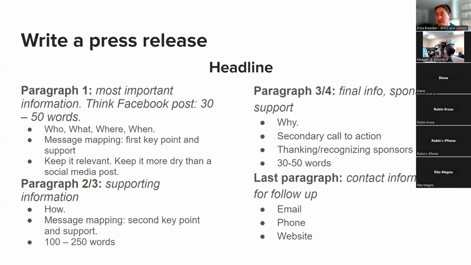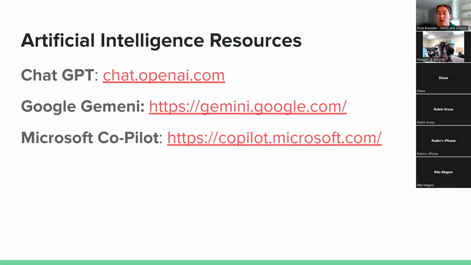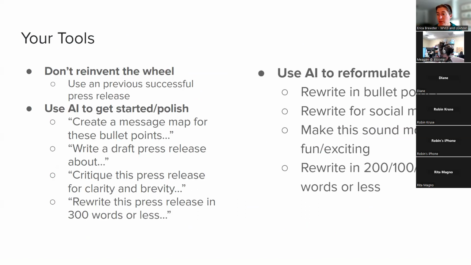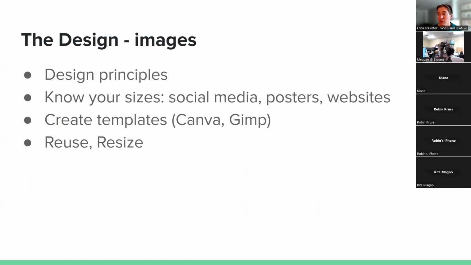And an example of that, how to take a press release and use it for a message map, how to use AI to help you write a press release and help you formulate a message map, how to write better using some AI prompts, and then how to take Canva and use that to design templates so that you can take a poster and turn it into a social media image and a website image. Reuse, resize, don't reinvent the wheel.